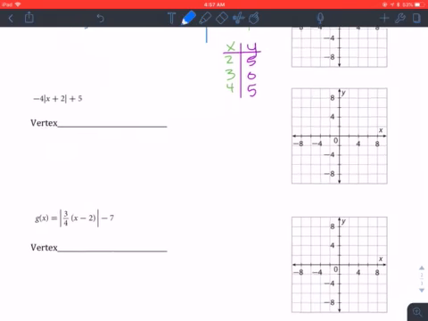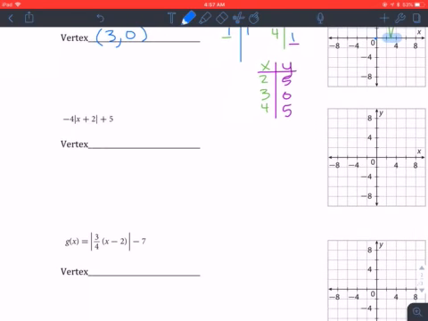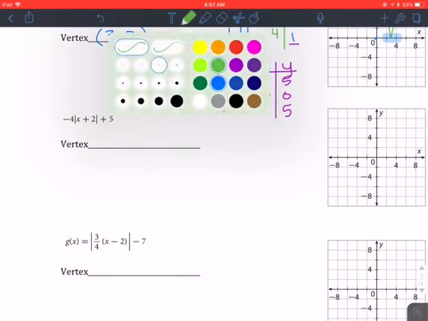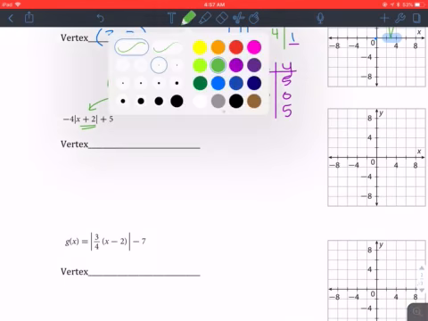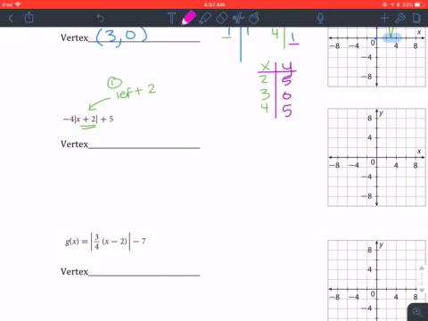Okay, for this next example, let's figure out what our transformations are in the order. So the first thing we're going to do is our horizontal translations, so the adding and subtracting inside the function. So this is going to shift left 2, because inside is inverse. So that's the first transformation we're going to do. Okay, the next transformation we're going to do is all of our reflections, compression, stretching. So that's this -4.